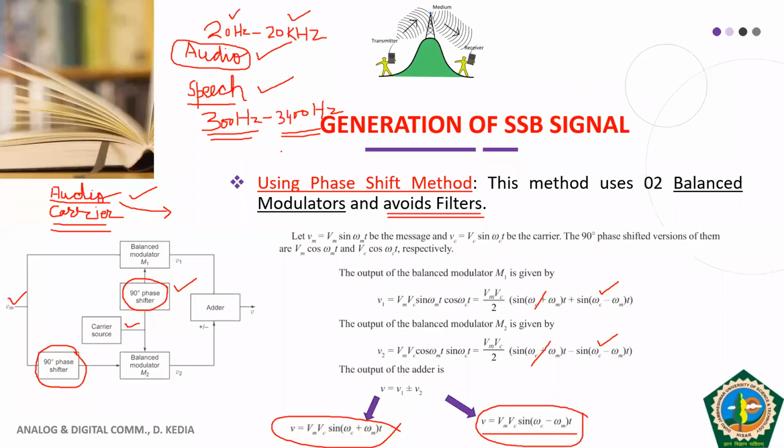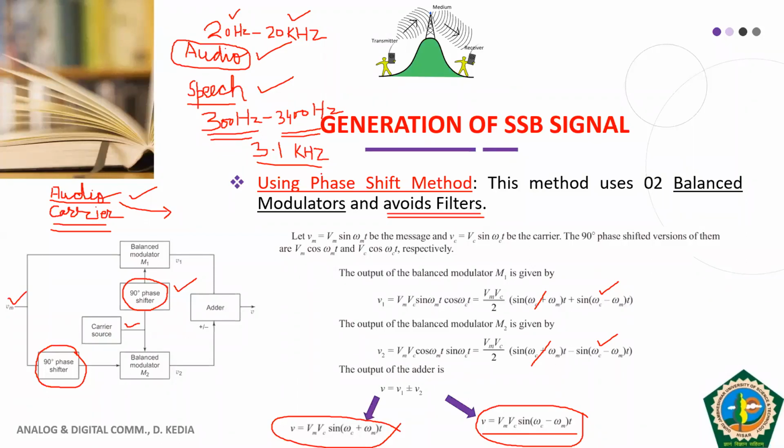If I talk about the frequency range for speech signal, it is just 3.1 kilohertz, means the highest frequency minus the lowest frequency. So your speech signal has this much bandwidth, 3.1 kilohertz, whereas your audio signal has around 20 kilohertz bandwidth.